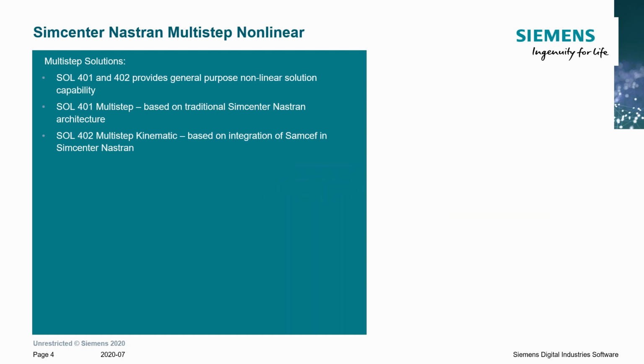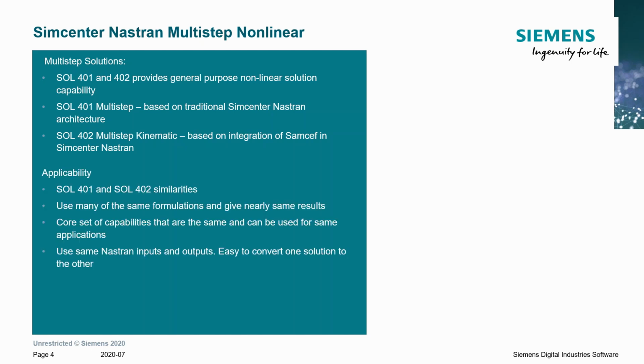Okay, it's through multi-step nonlinear. It's a general purpose nonlinear solution. Multi-step structural basically uses the traditional Simcenter Nastran architecture and technology. And then again, multi-step kinematic is based on the integration of SAMSEF in Simcenter Nastran. So there are similarities.